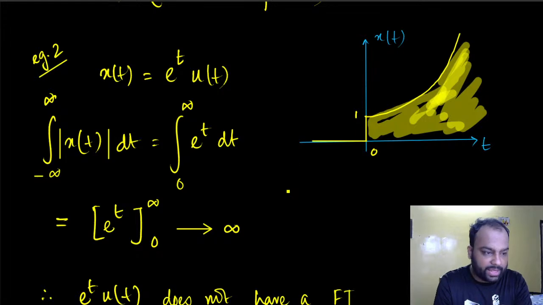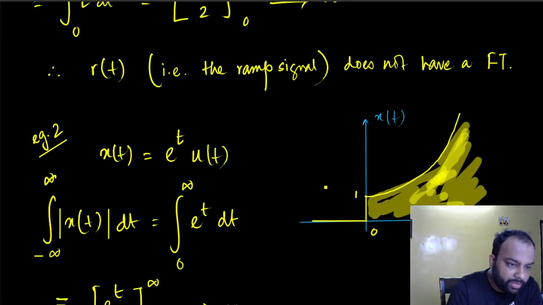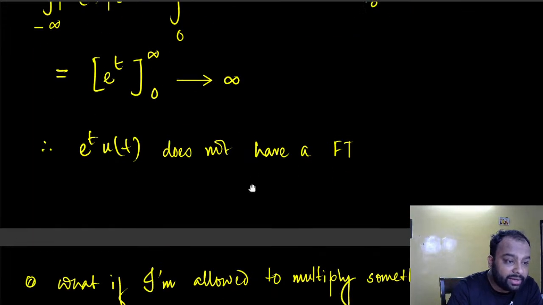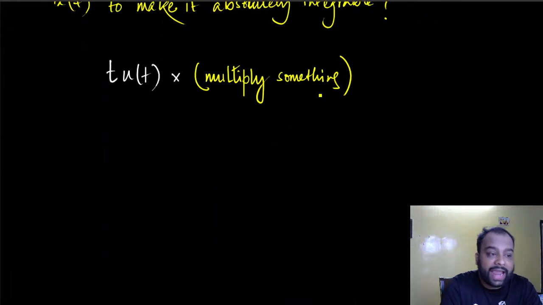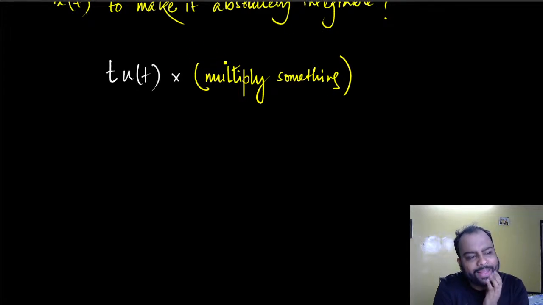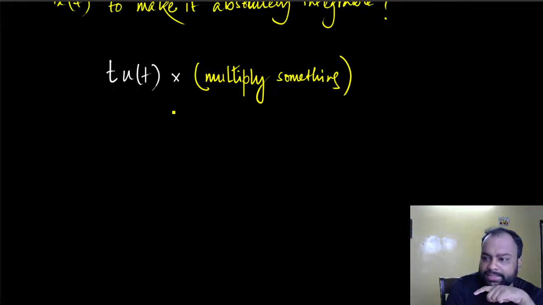Do you understand what I'm saying? So the point is I have to multiply something, or rather, I have to actually divide this signal with something. What is the best thing that I can divide the signal with?